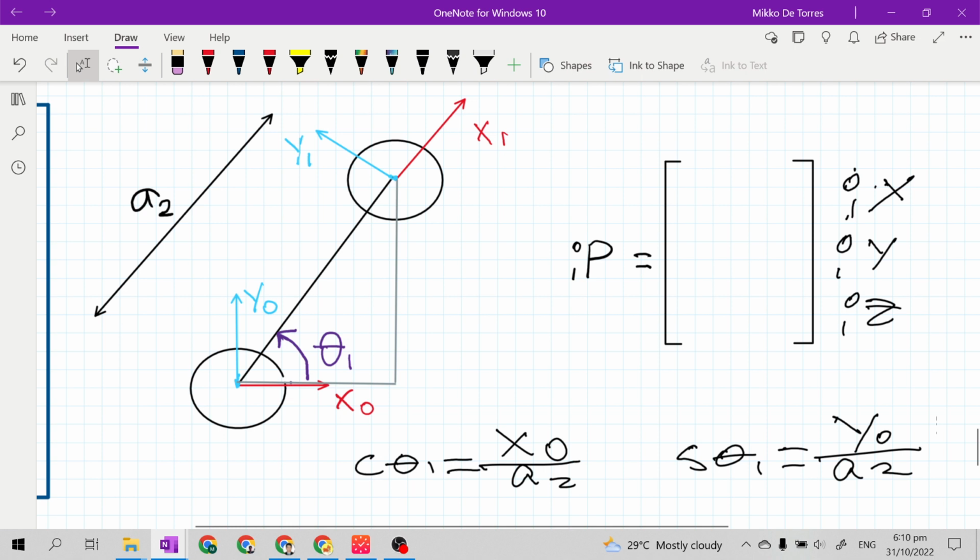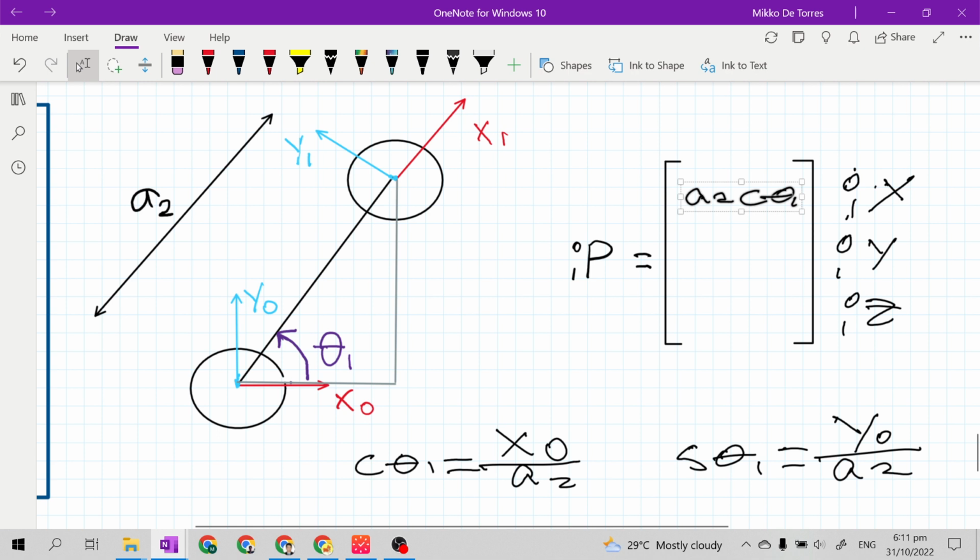Then, X01 is the same as X sub 0, so multiply both sides by A sub 2. Our X0 is A2 times cosine theta 1, so A2 cosine theta 1 is our X01. The same with Y01. Y01 is the same as Y sub 0.